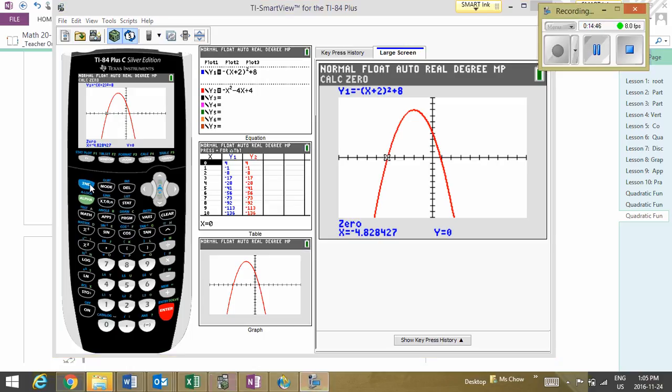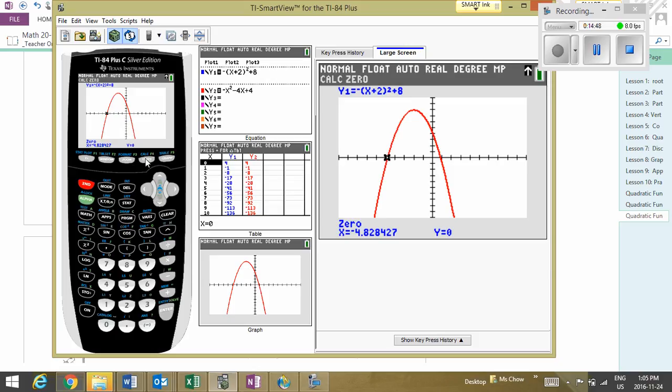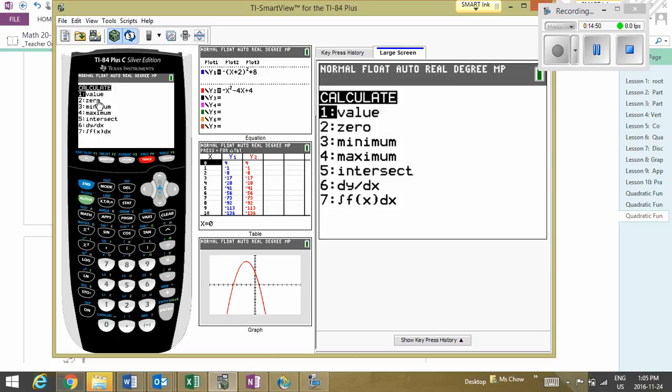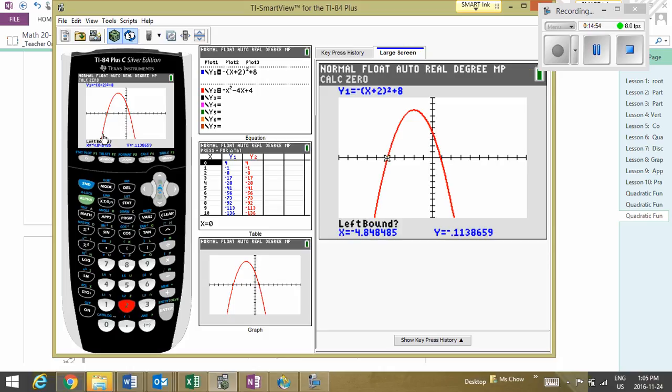So once again, what you probably did, hopefully, is you did second trace, which is calculate, and we want to go to the 0, so the second one, in order to find the x-intercepts. So it says left boundary, so what I showed you last time was moving the cursor, because again, we want to find this x-intercept, so I need to be on the left of it. So I need to be somewhere above the x-axis in this particular case.